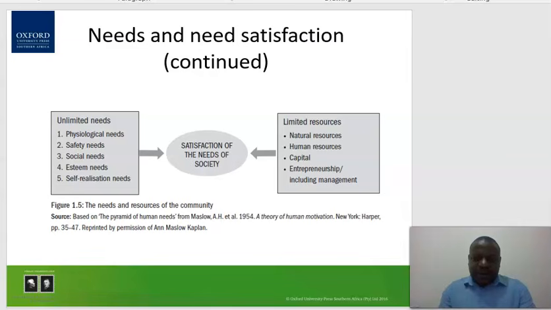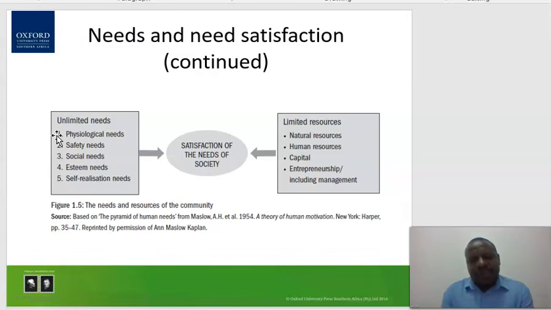So Abraham Maslow identified different needs that people have. He also came up with a number of assumptions that we may not really need to focus on now. In terms of the needs that he identified, he said at first, people have what are known as physiological needs, which are basically the need to survive.